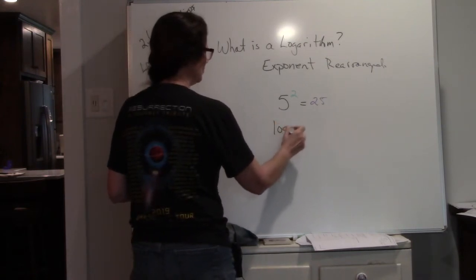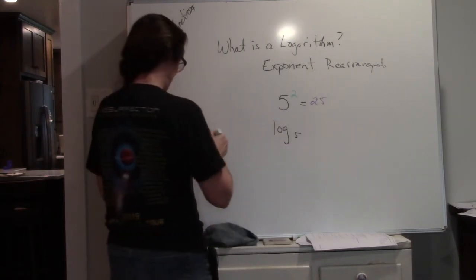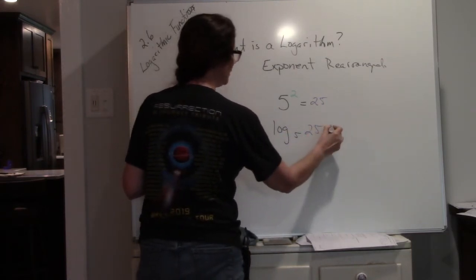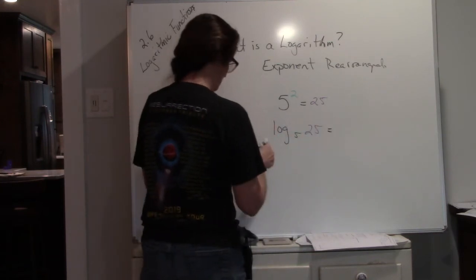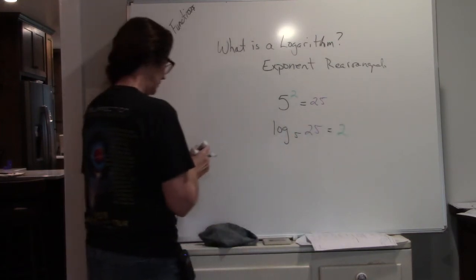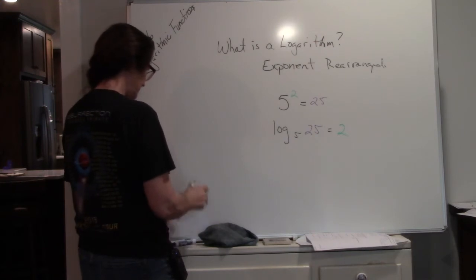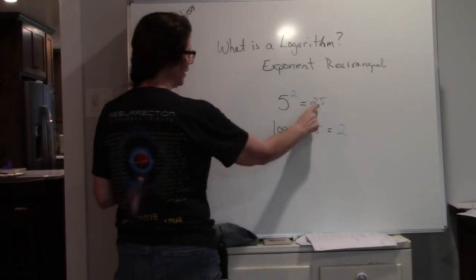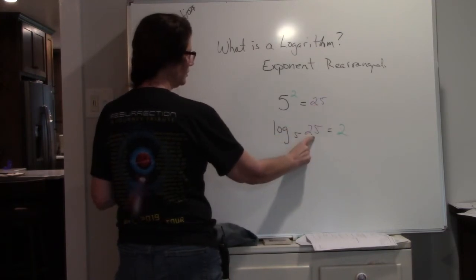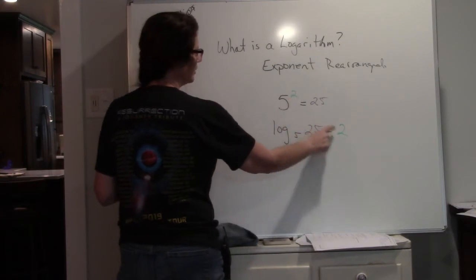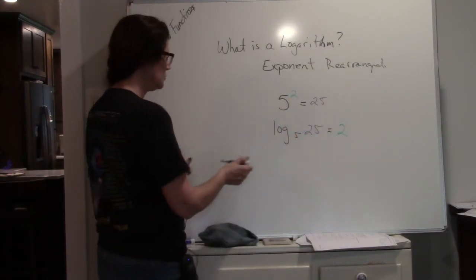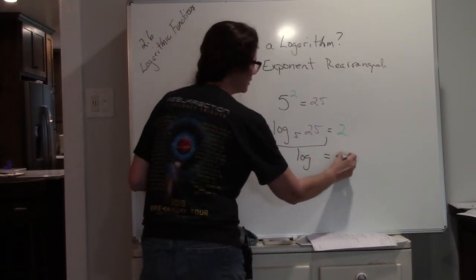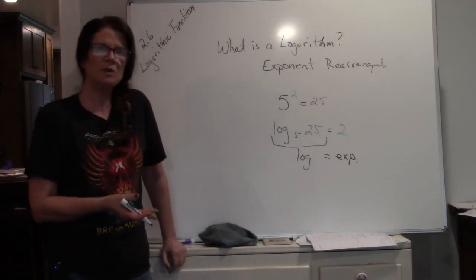Log base 5 of 25 is going to equal the exponent 2. Now look at the colors. My base is 5, that goes here. My total is 25, that goes here. And my exponent of 2 goes here. So this is where we come up with the idea of a log equals an exponent. It's just an exponential function rearranged.